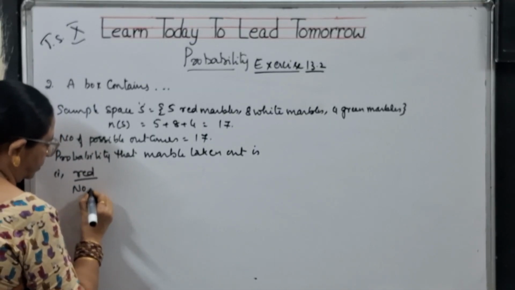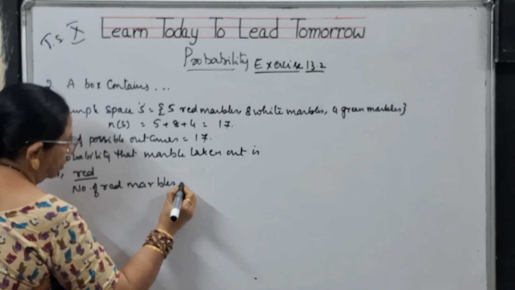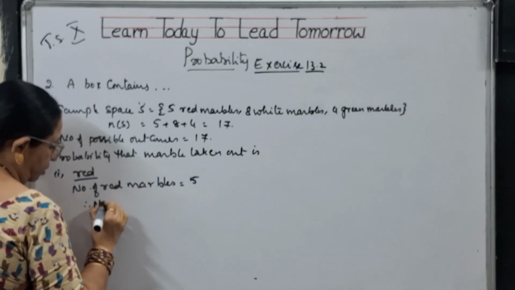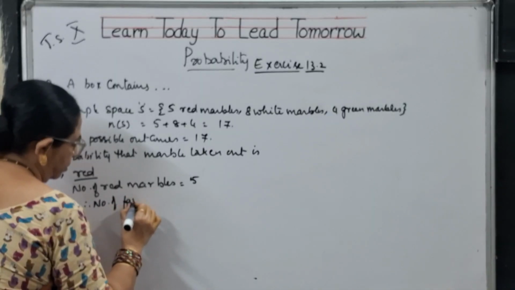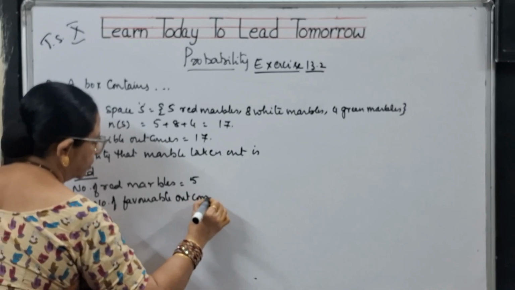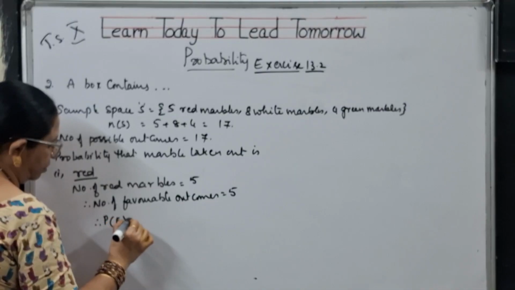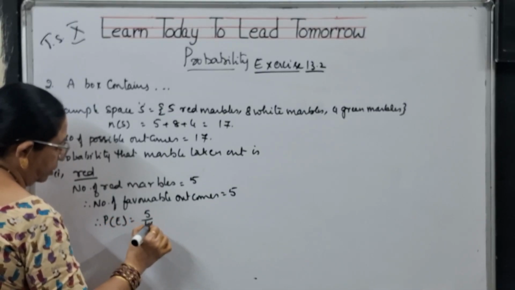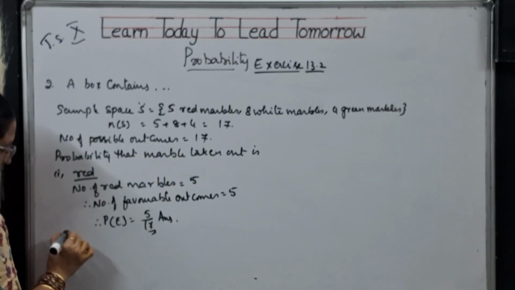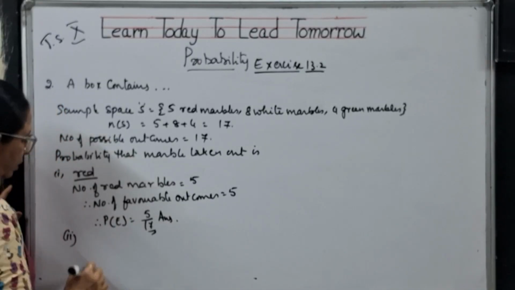Red means number of red marbles. How many are there? Number of red marbles? 5. That means number of favorable outcomes is equal to 5. So probability of this event, that is getting red, is nothing but 5 by 17. This is the answer.